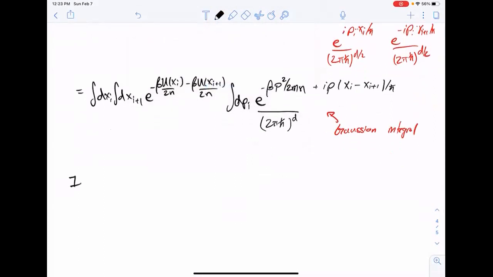Doing that integral, we find factors of 2 pi n in the mass, pi's, and h bars.